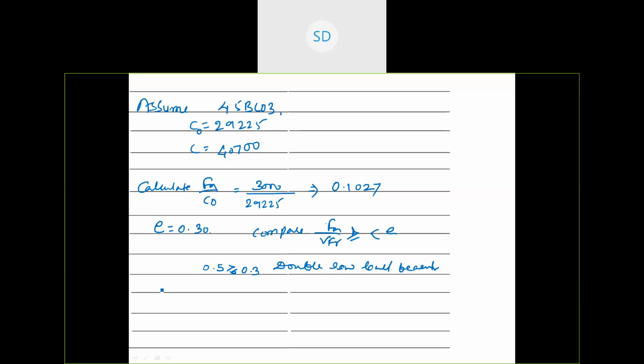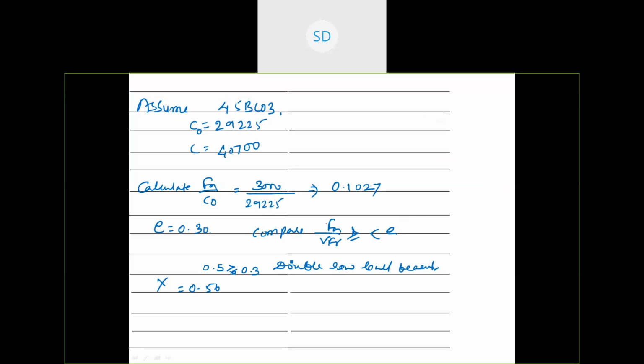Then value of X remains same, 0.56. Is it right? Now value of Y corresponding to 0.110 is 1.45. Now we calculate equivalent load.